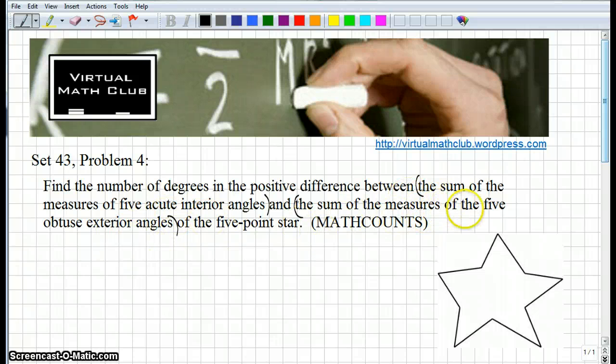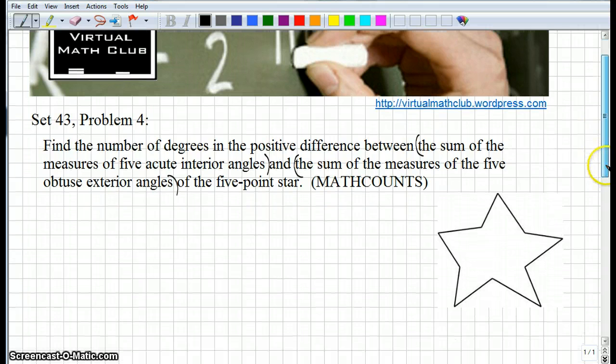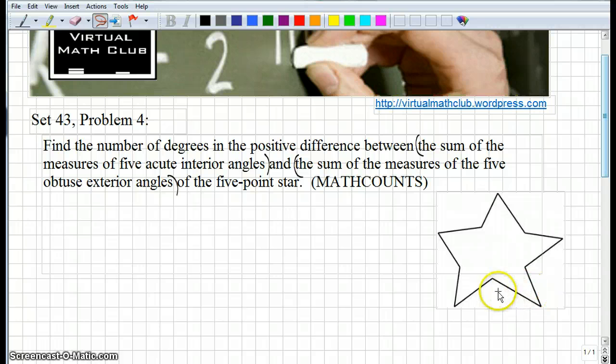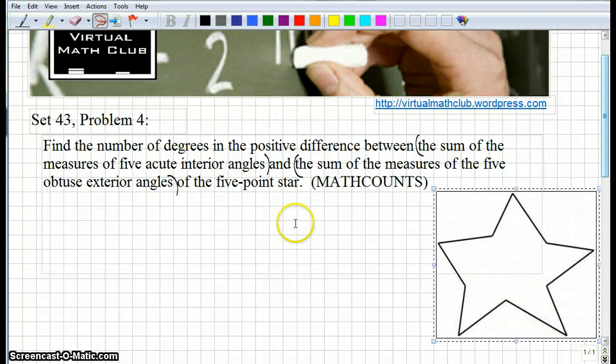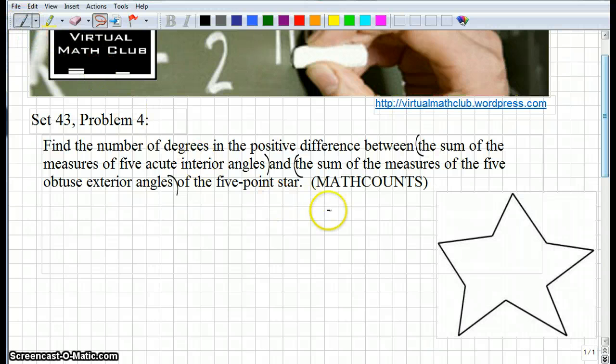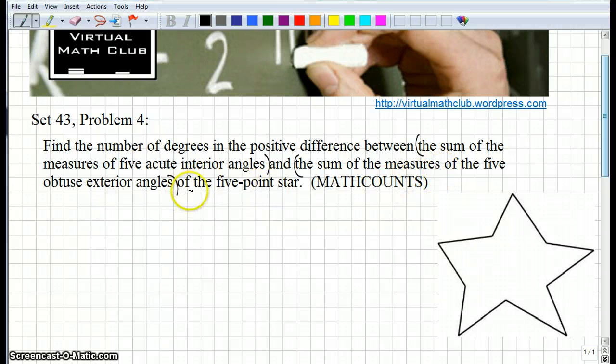Okay, so where are those? Here's a 5-point star, and I think I'm going to make this a little bit bigger so that we can see what's going on a little better. I'll switch back to a pen. Let's figure out where these 5 acute interior angles are. Obviously, those are these, right?